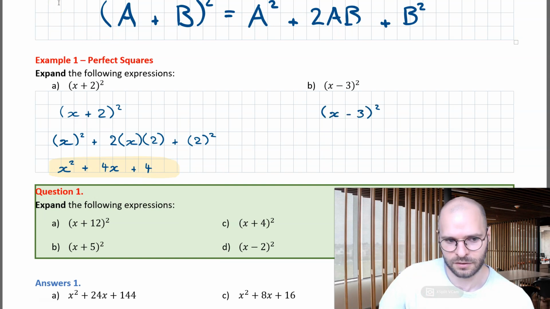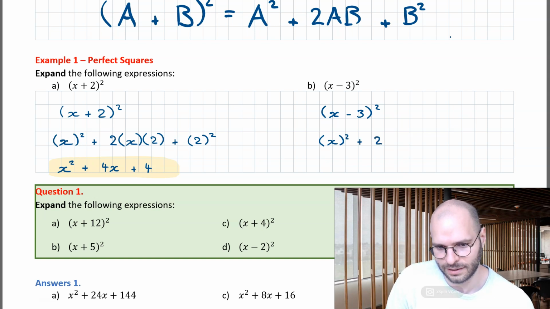This one is different because we have the negative here, but it's carried out exactly the same as before. A in this case is going to be x, so it's x squared, plus twice the product of the two terms, so 2x and minus 3 in brackets, plus, in brackets, minus 3.